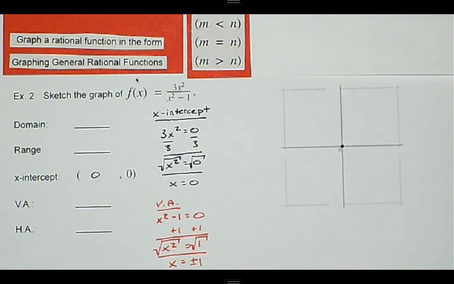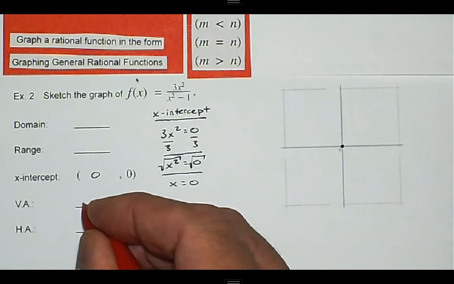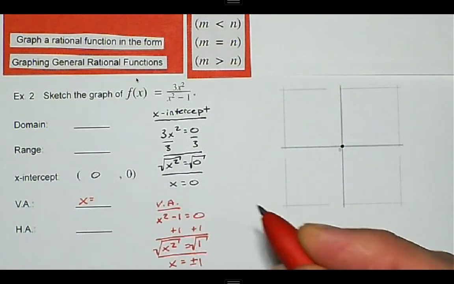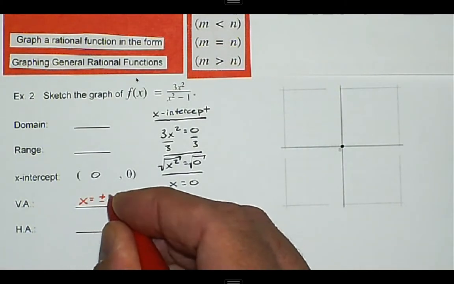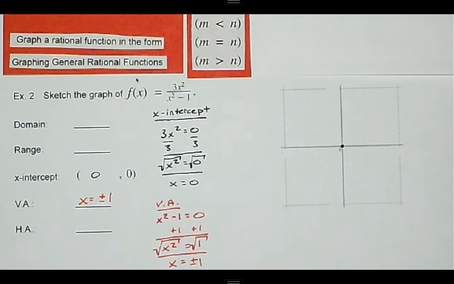So then we have two vertical asymptotes. x is equal to plus or minus 1. And then we can graph those on our graph here.